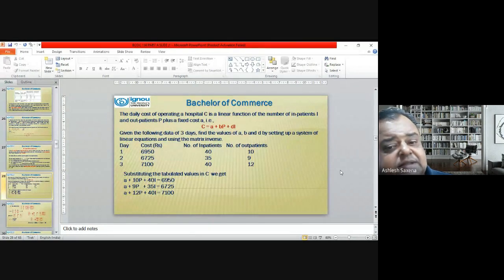Similarly, A plus 9P plus 35I is equal to 6725. Thirdly, A plus 12P plus 40I is equal to 7100.